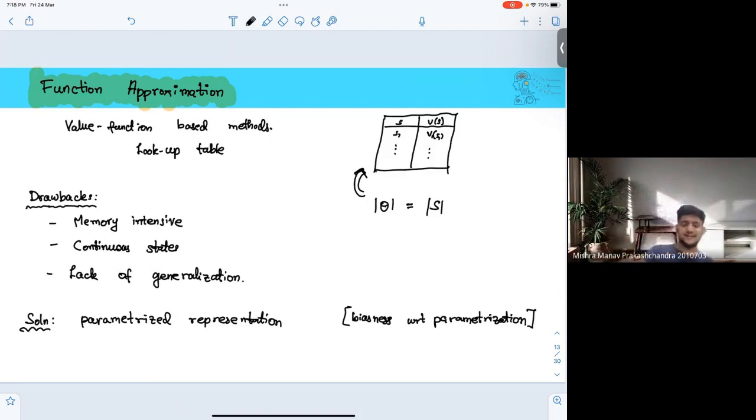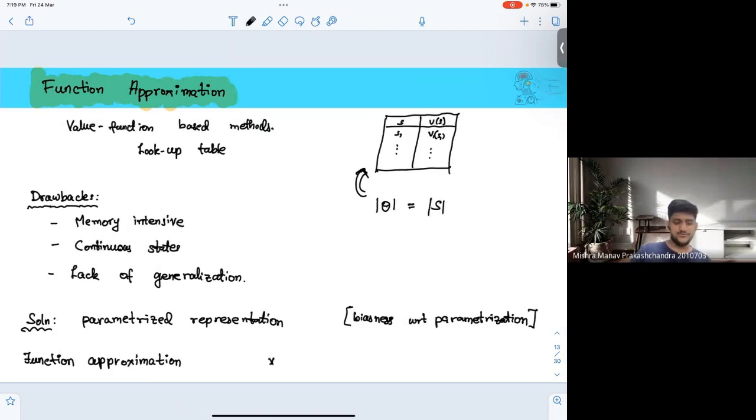This kind of method is known as function approximation. Okay, so in function approximation, what are we trying to approximate? We are trying to approximate the value function, right?